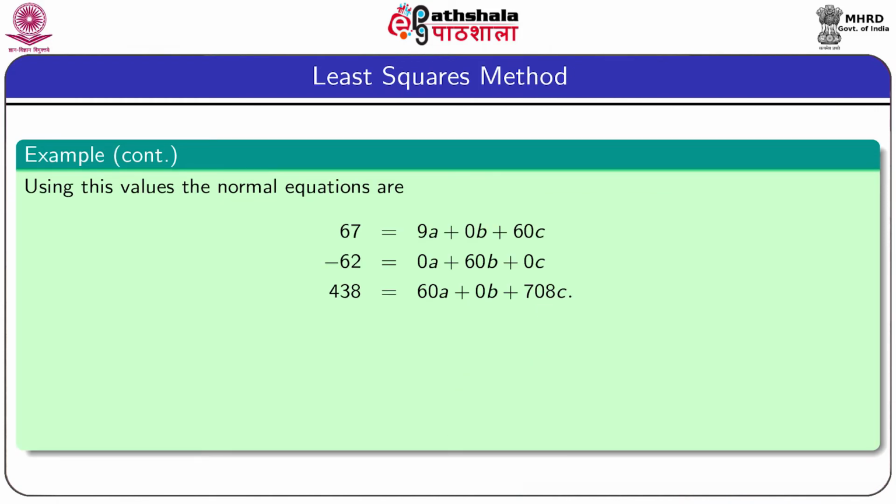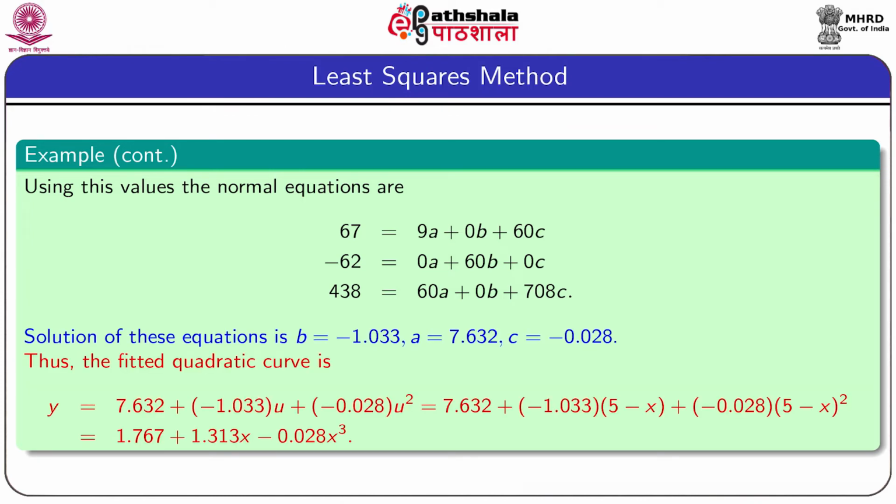So using this set of values, the normal equations are 67 = 9a + 0b + 60c. The second equation is −62 = 0a + 60b + 0c. And the third equation is 438 = 60a + 0b + 708c.